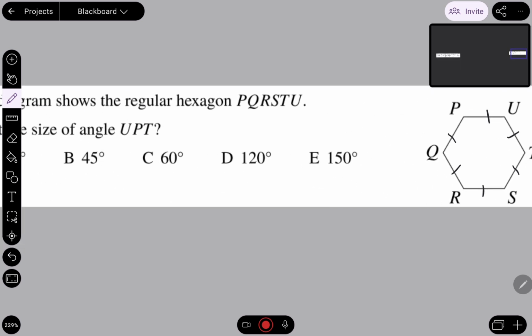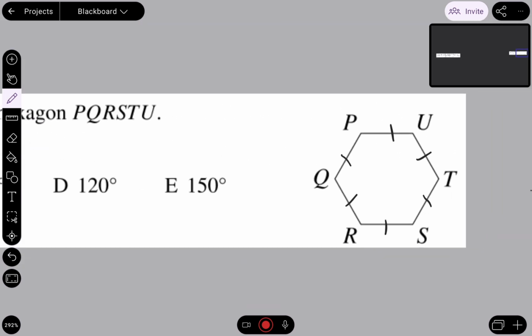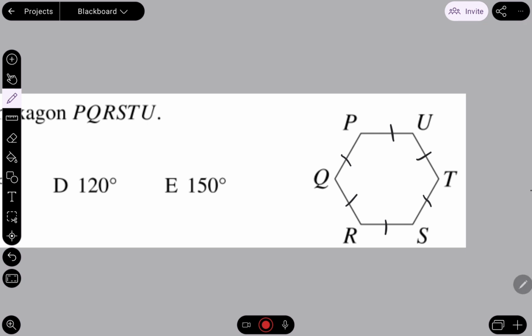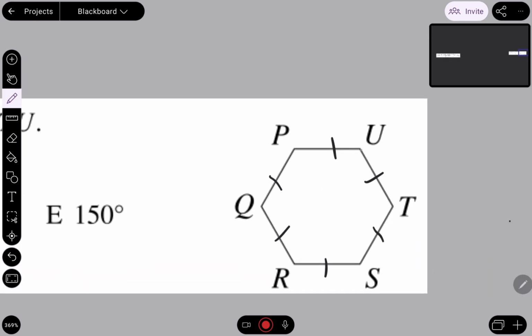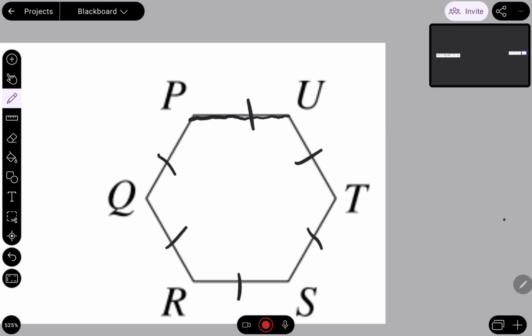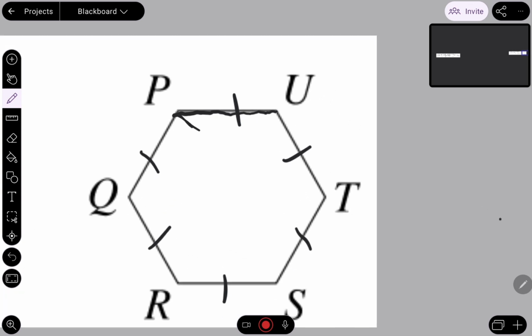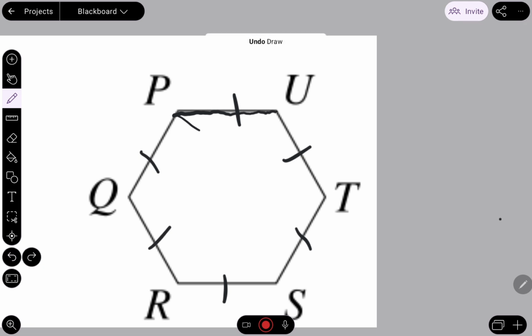Next, when we look at angles, P is a side, but then P needs to somehow connect to T. So you have to draw a line, a straight, hopefully, line. Imagine it's straight.